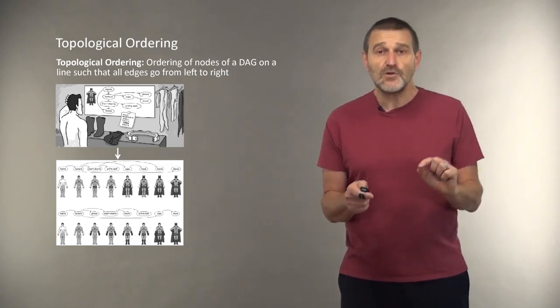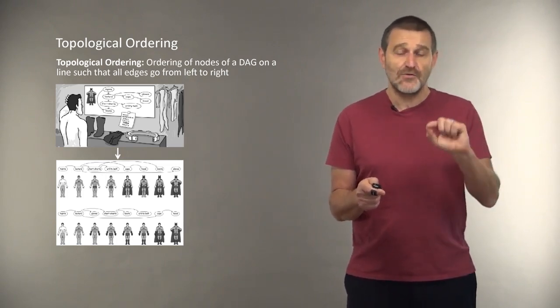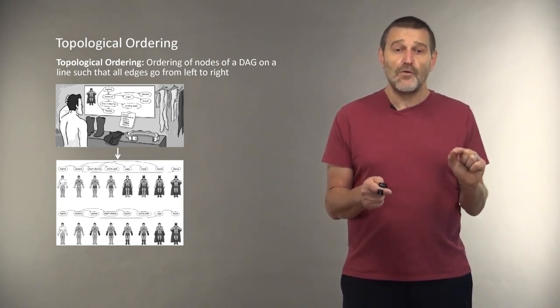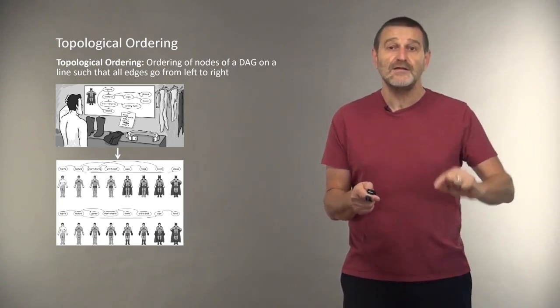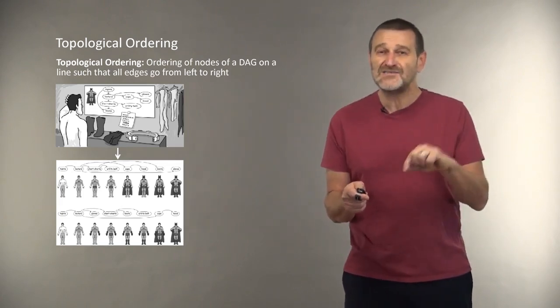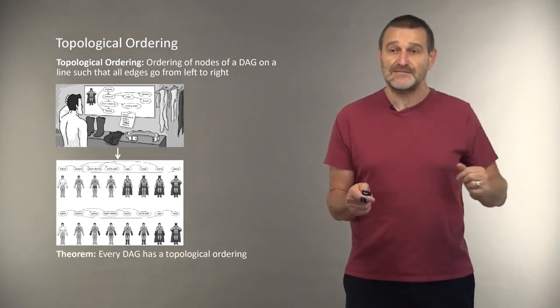There are different ways for Batman to get dressed in the morning, and two of them are shown here, and each of them represents a topological ordering, because by the time Batman needs to put something on, all necessary things have already been put on.